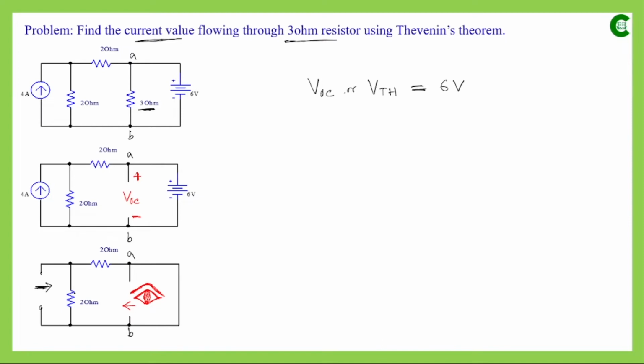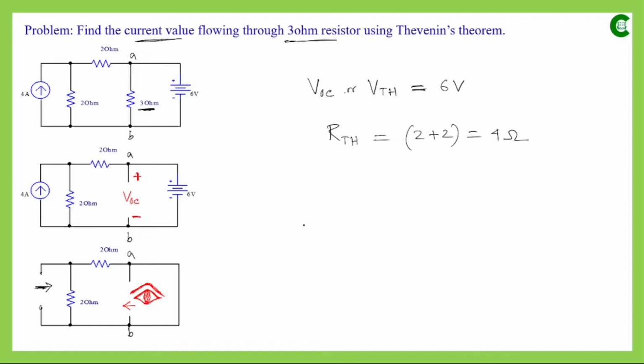This is our reference terminal, and between these two terminals, this 2 ohm and this 2 ohm are connected in series. So simply the RTH value, the internal resistance for that circuit, will be 2 plus 2, 4 ohm. So easily we have found the VTH value and RTH value.